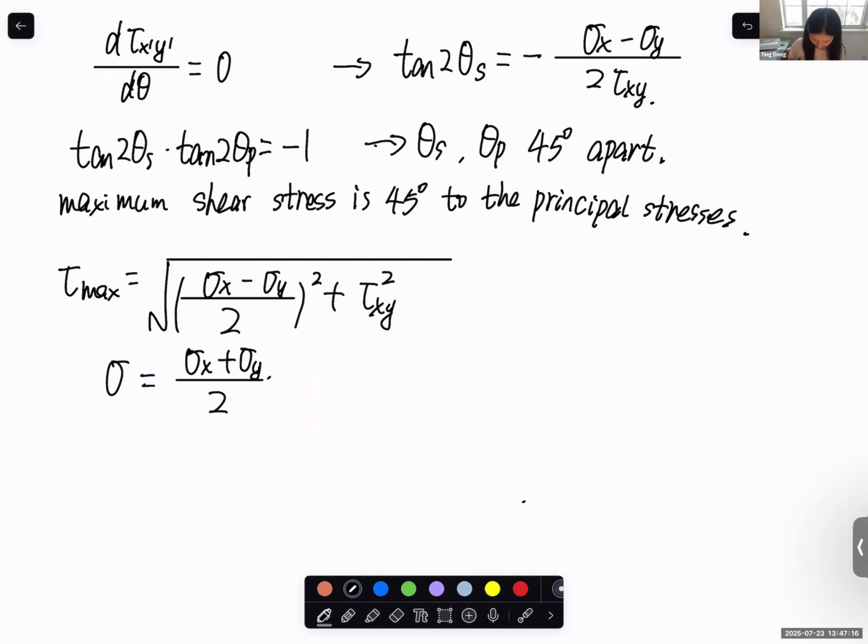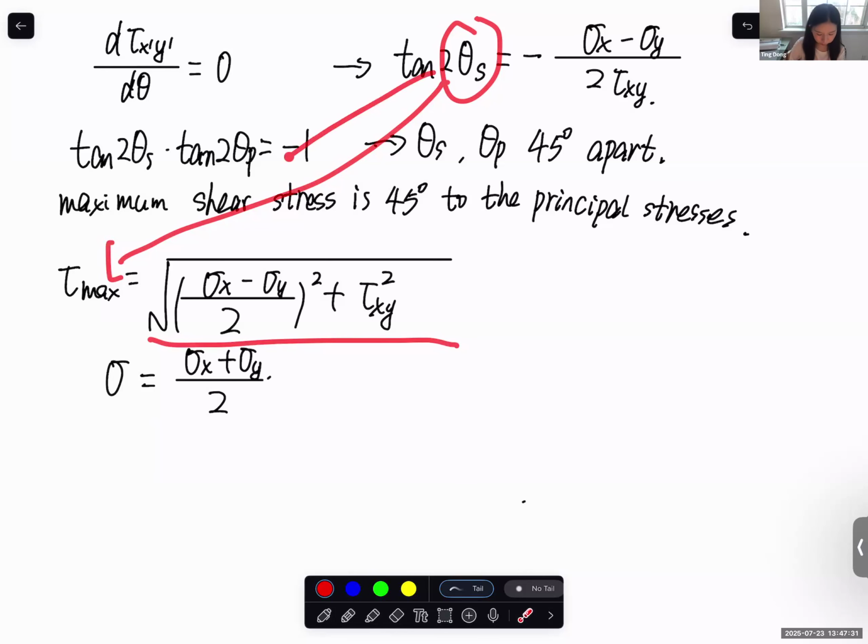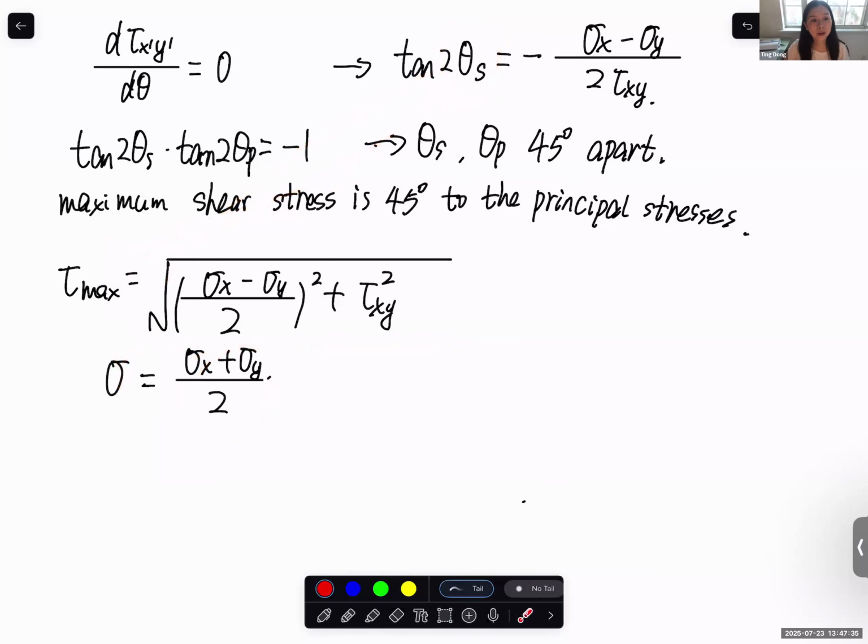Sometimes the textbook uses sigma average, but let's not make it confusing. Basically, you solve for theta s, plug into the tau x prime y prime equation to get the maximum shear stress, and plug into the sigma x equation to get the normal stress at this orientation. Any question? We'll do the example in the next class.